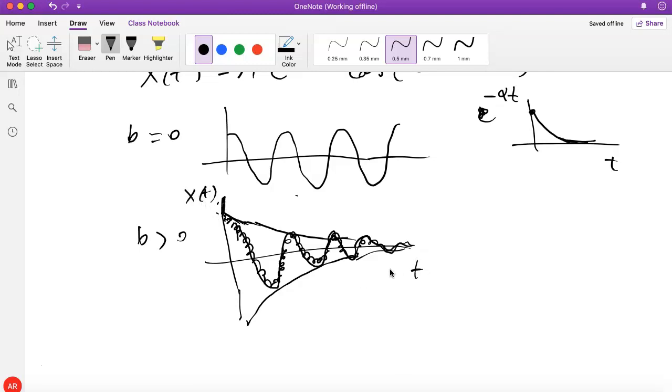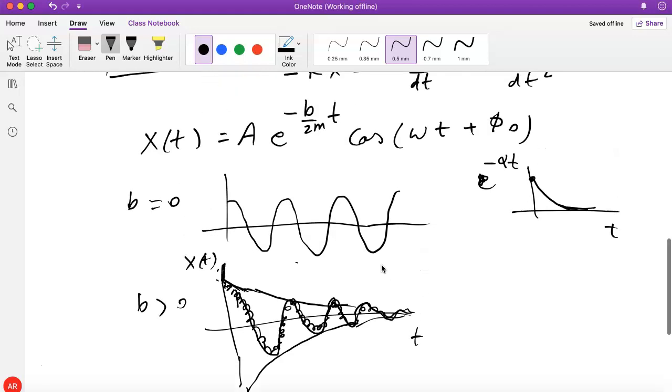Another thing to notice is that it's decaying very fast, right? But for every fixed time, let's say 1 over whatever is multiplying time, which is here 2m over b, and 2m over b must have dimensions of time, so the exponent is dimensionless.